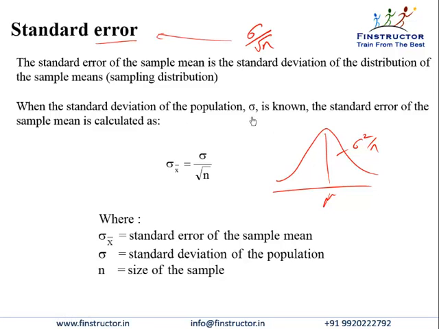If the population standard deviation sigma is known, as we already studied, the standard error, or the standard deviation of the sampling distribution, will be sigma by root n.